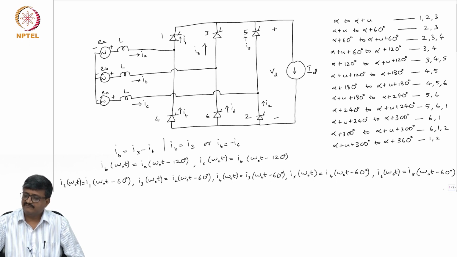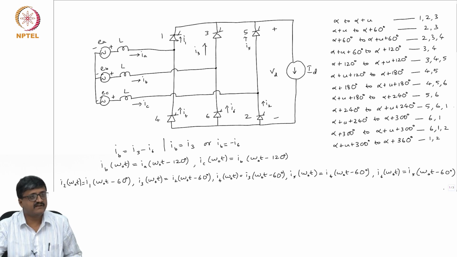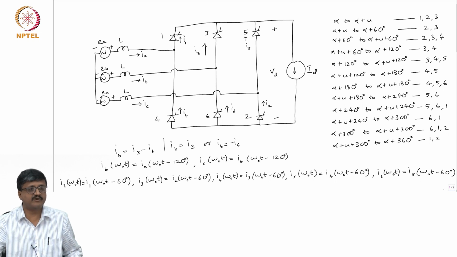So, when just 5 and 6 conduct, then IB is equal to minus ID. Now, you see that even in the next subinterval, though there are 3 valves 5, 6, 1 conducting, in the lower commutation group only 6 is conducting. From alpha plus 240 to alpha plus u plus 240, 5, 6, 1 conduct. So, only 6 is conducting in the lower commutation group.